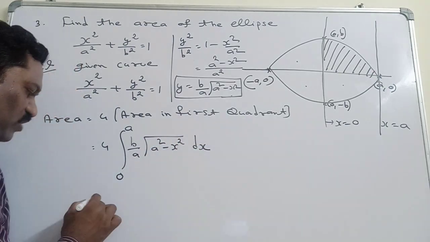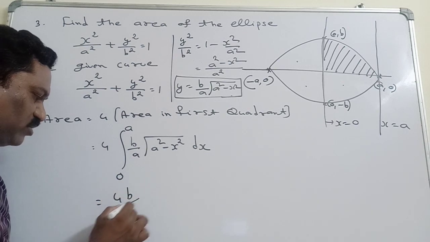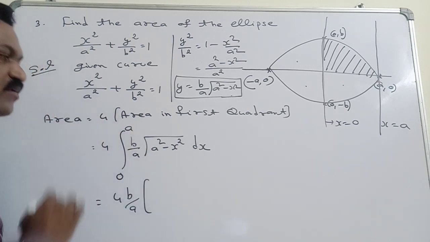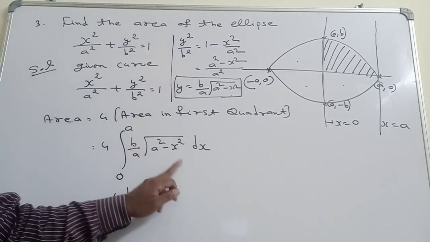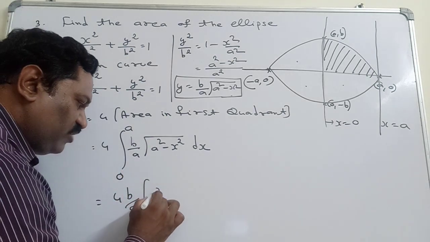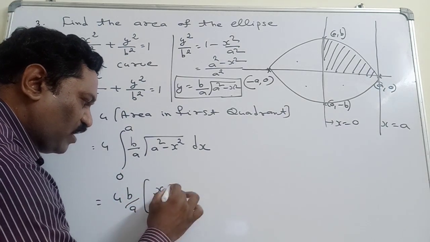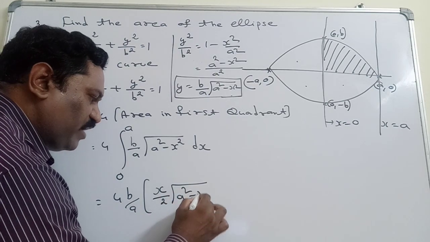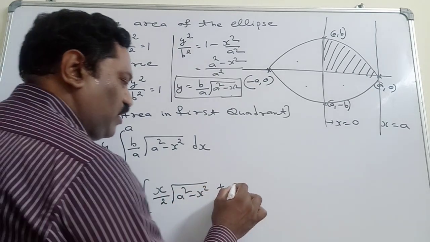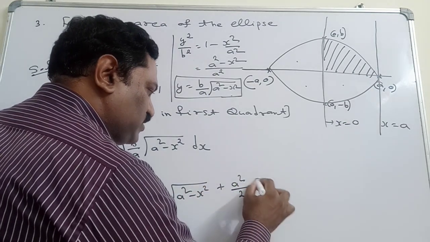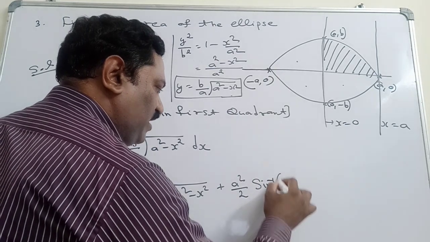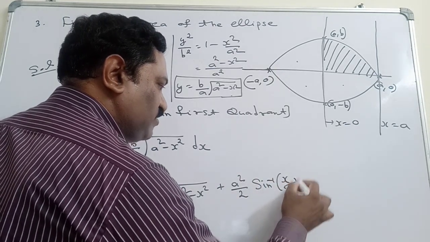So this is equal to 4 into b by a, a constant, written outside. Then the integral of under root a square minus x square, whose formula we know, is x by 2 under root a square minus x square plus a square by 2 sine inverse x by a. So this is the formula, we know it.